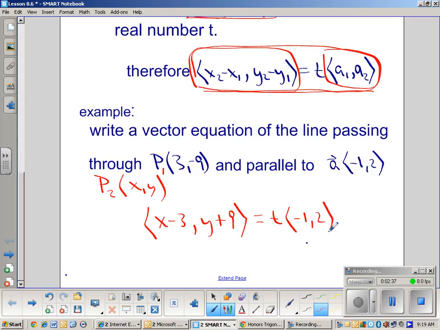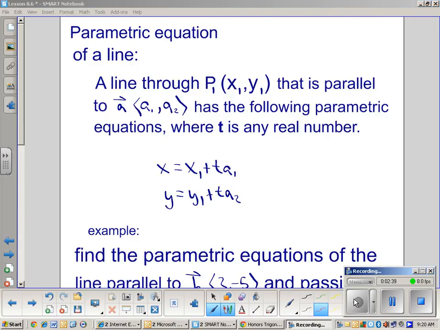All right? In parametric equations, the formula looks like this. I'll give you time to copy that, and then we'll go through the example. All right. The second one, excuse me. Parametric equations: a line passing through point P that's parallel to a vector A has the following parametric equations, where X is equal to, and what we're doing is we're breaking it down.